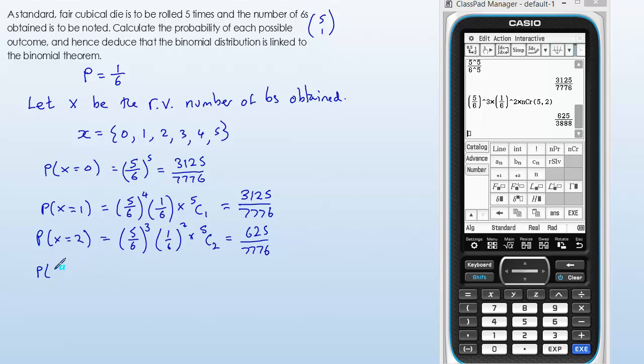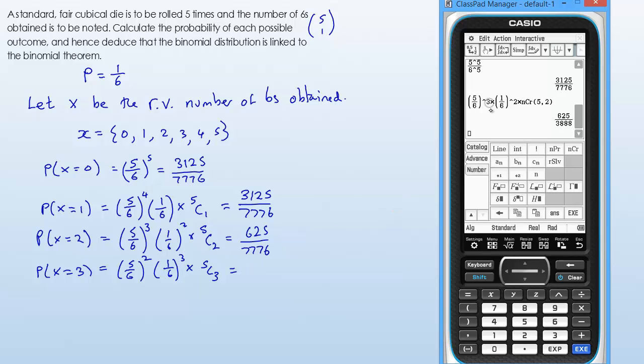Then for the probability of x being 3, we're going to have just 2 failures, 3 successes, and of course they can be distributed anywhere. So we just need to change these powers.